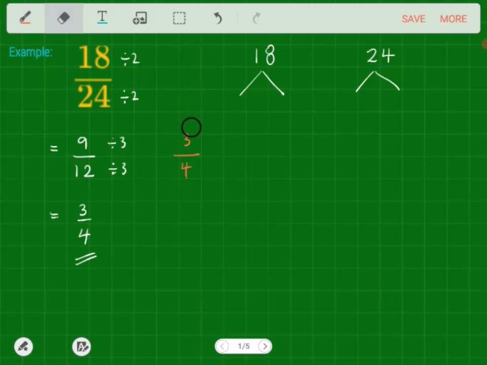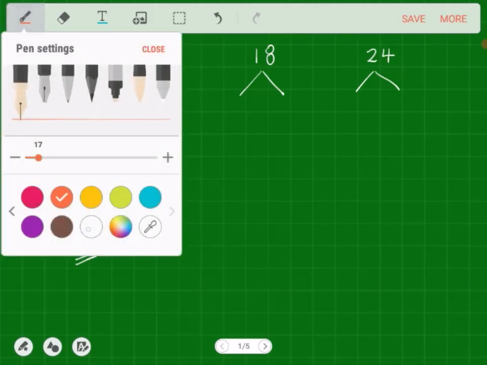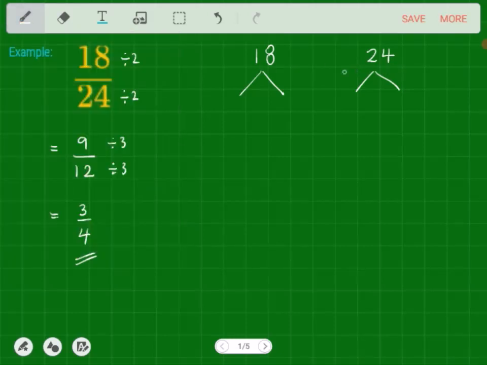This can be done in one step using the prime factorisation. So if we take 18, and we remember from another video, or if you don't, you might want to look at prime factorisation. It means finding the factors of a number that are prime numbers. You can split 18 to 2 and 9, 3 and 3.